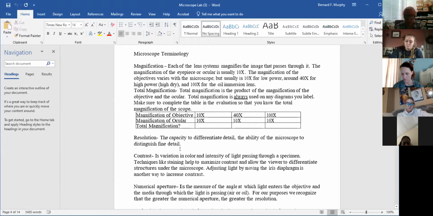Okay, contrast, really important thing. Contrast is the ability to see something against its background. And that's always a problem with a compound microscope, because we're generally looking at very tiny things, and these tiny things are generally either not colored or transparent.